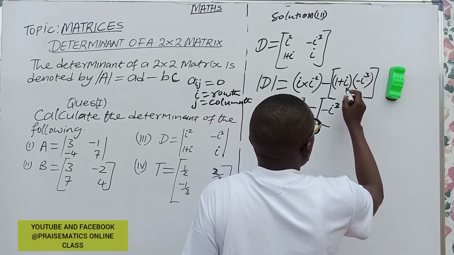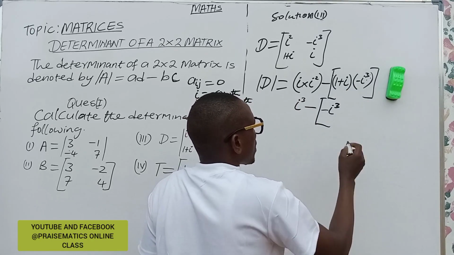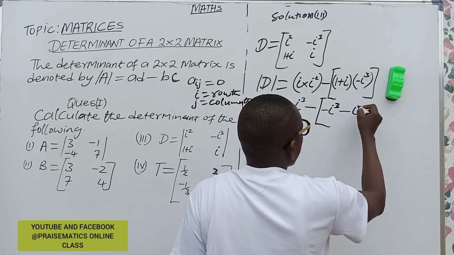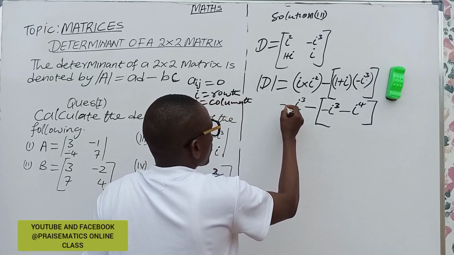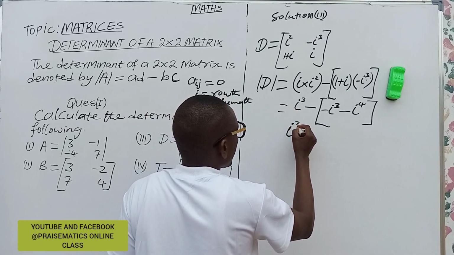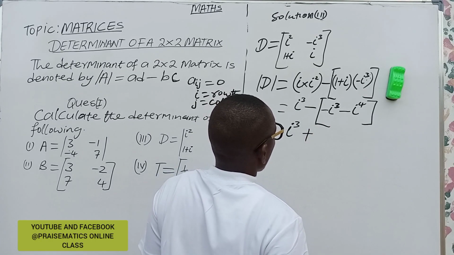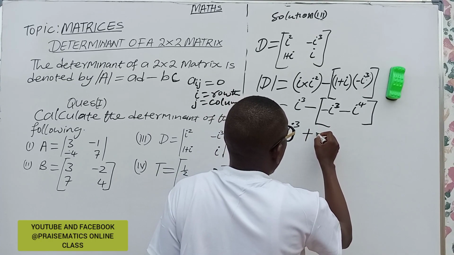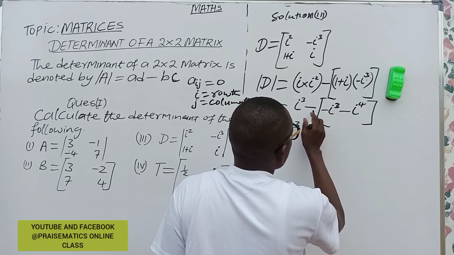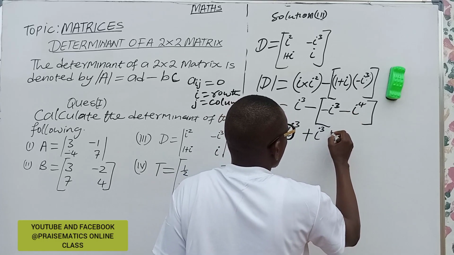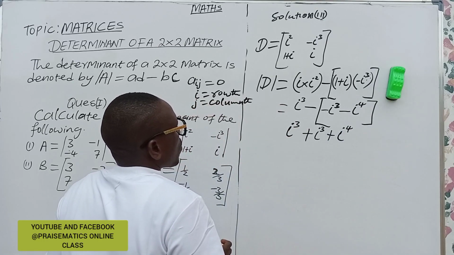Now this times this, which is i plus i times minus i power 3, will give us minus i, by laws of indices, i power 4. Close it. Now let's go. i power 3. This minus times this will give us plus i power 3. This minus times this one will still give us plus i power 4.